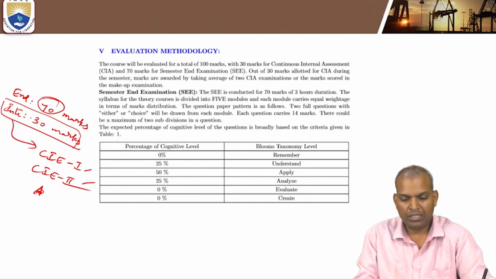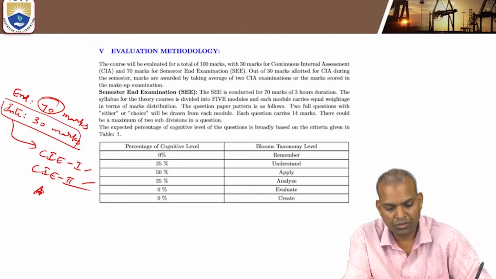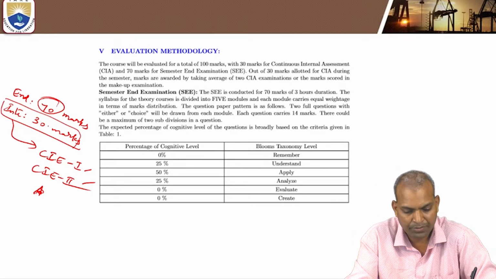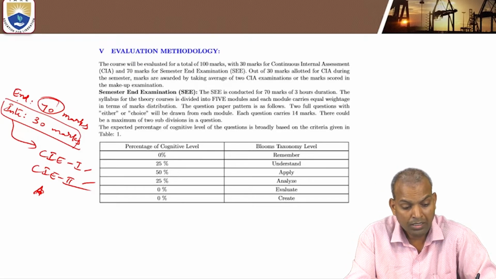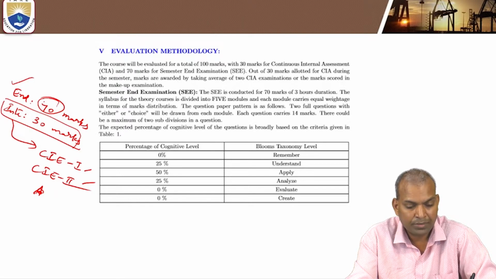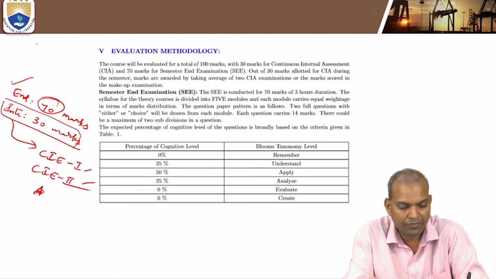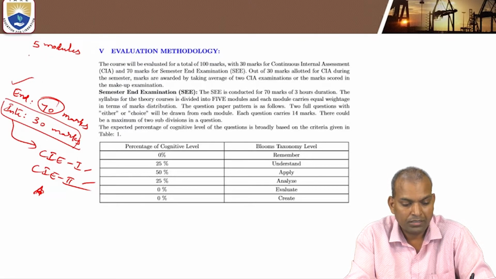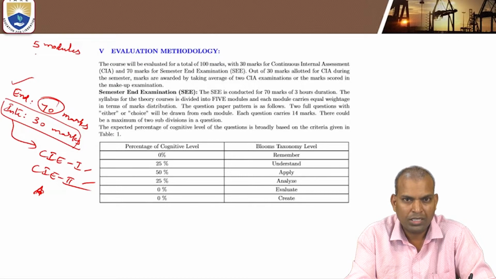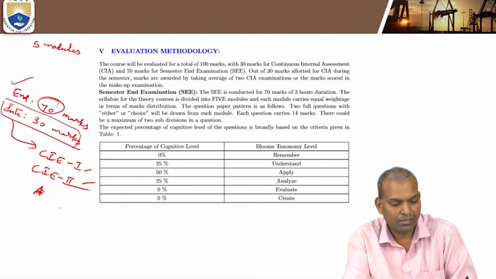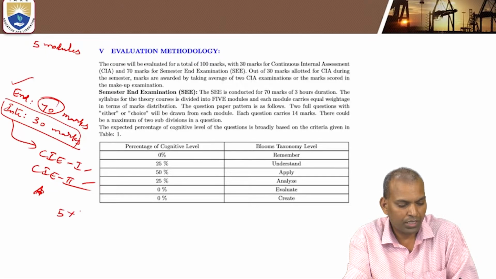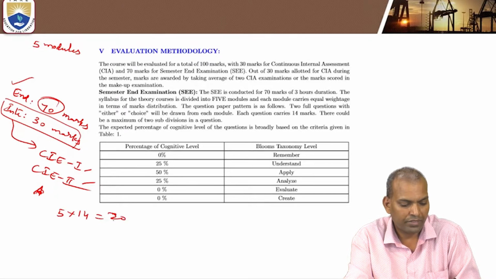In the end examination, the semester end examination is 70 marks. The syllabus designed for kinematics of machines has 5 modules, and from each module there is a choice, and 5 questions are to be attempted. That is 5 into 14, that is 70 marks.